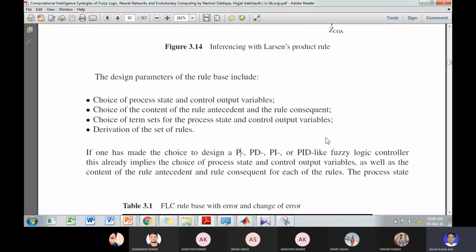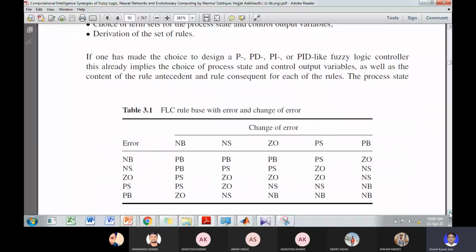Suppose we select the low membership function, medium membership function, and high membership function. Three term sets are there in each control input and output. So these types of term sets are also to be selected during designing the rule basis, and for appropriate control we need to derive the different sets of rules which can satisfy our control requirement.